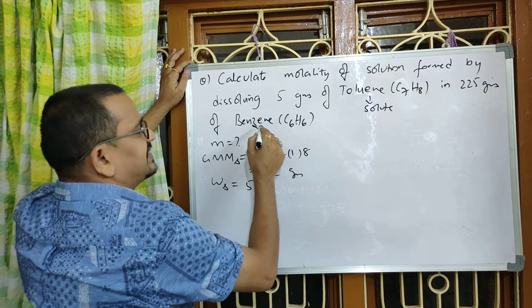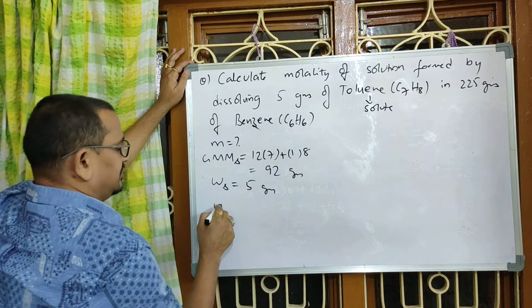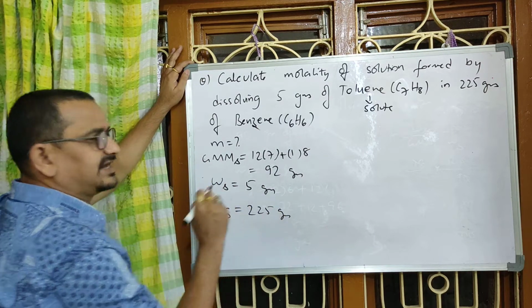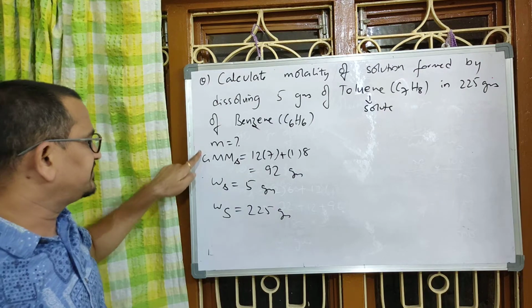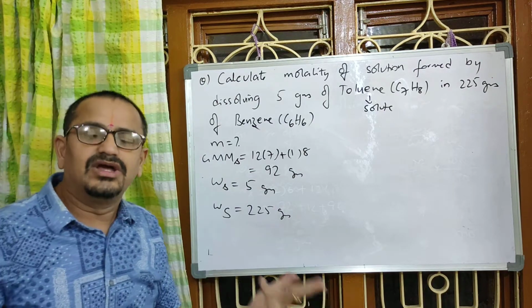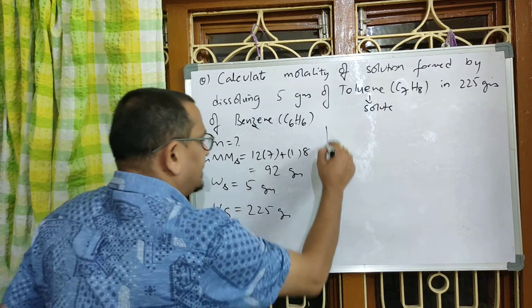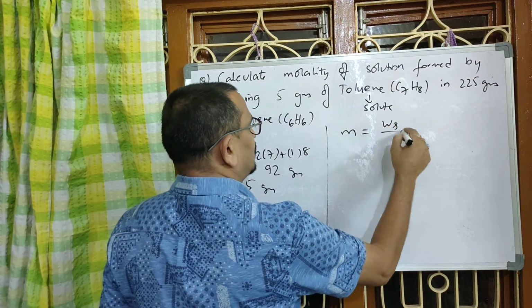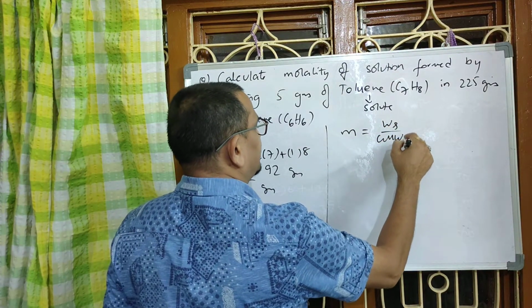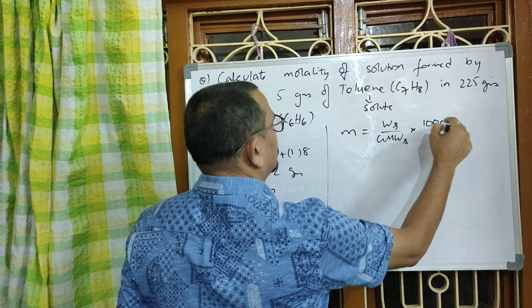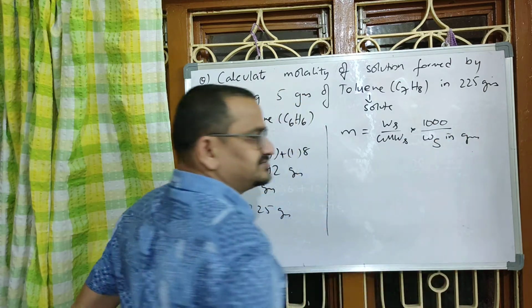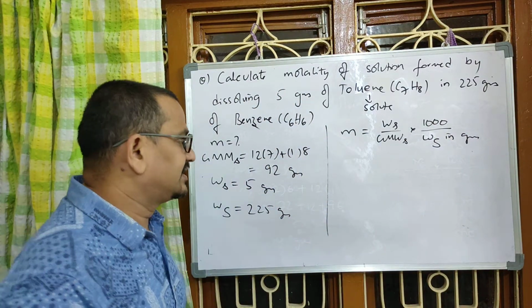And the weight of solvent, here the solvent is benzene, is 225 grams. Now, what's the relation between these terms? Immediately, we have to get that relation. Molality equals weight of solute by gram molecular weight of solute into 1000 by weight of solvent in grams.